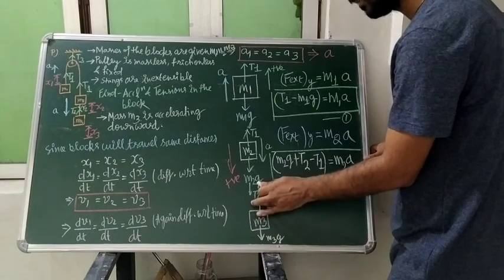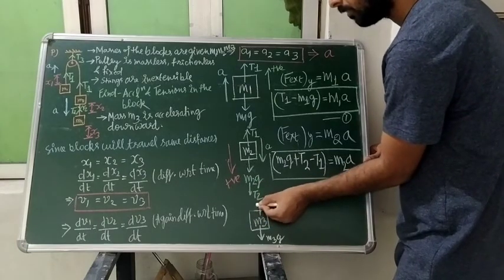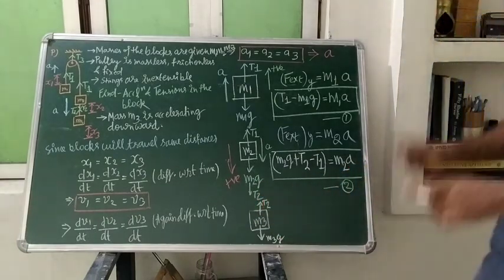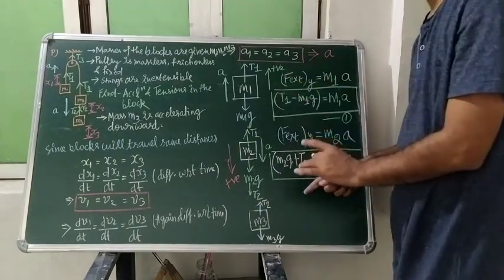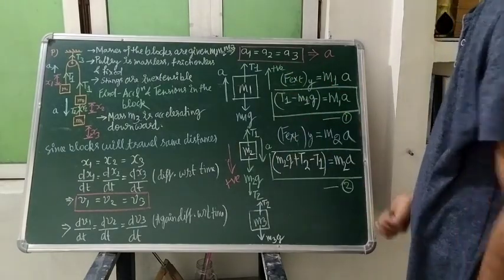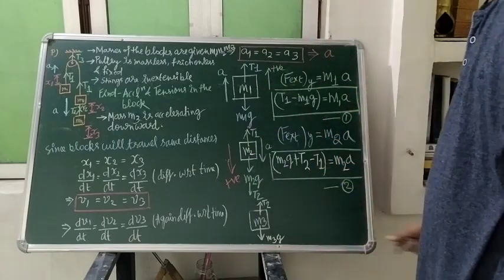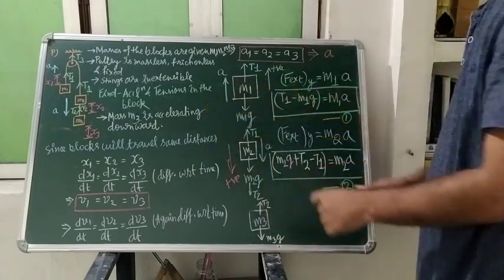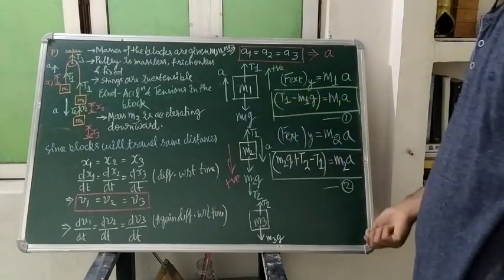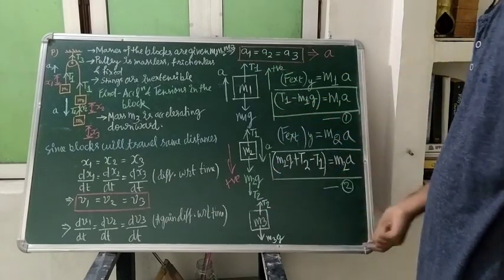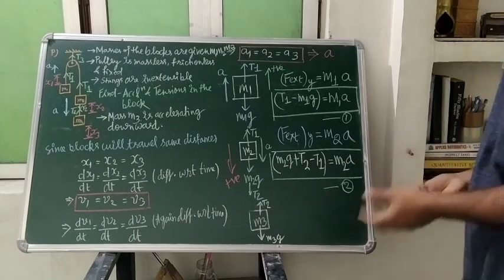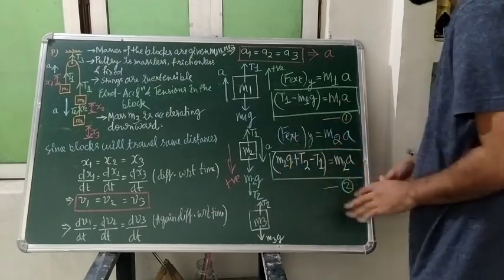T2 will act in the upside direction, isn't it, student? No one will draw the normal here, because no contact is present. Many students I have seen draw the normal and say you have told this. Please listen, you will not draw the normal.